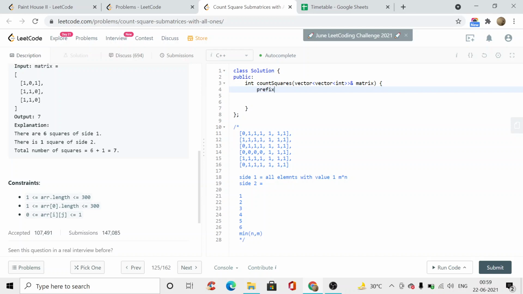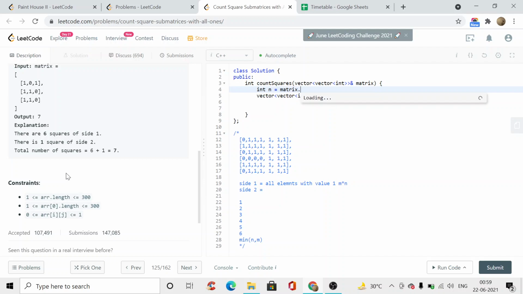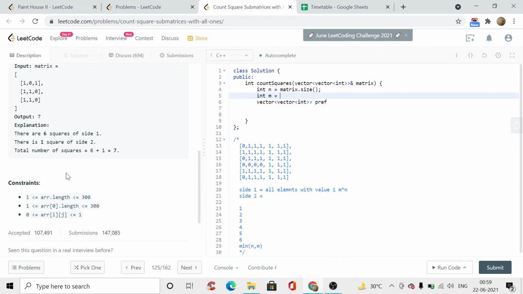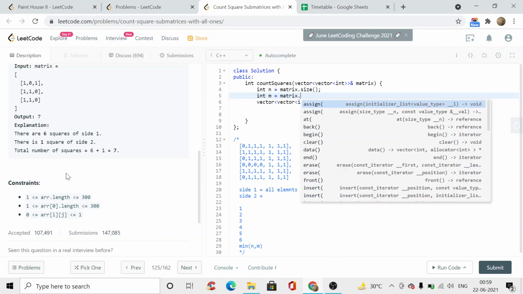Let's just make that like a prefix array. This is basically going to be a vector of int, and prefix, and also I will store n is equal to matrix dot size, and m is equal to matrix of 0 dot size.